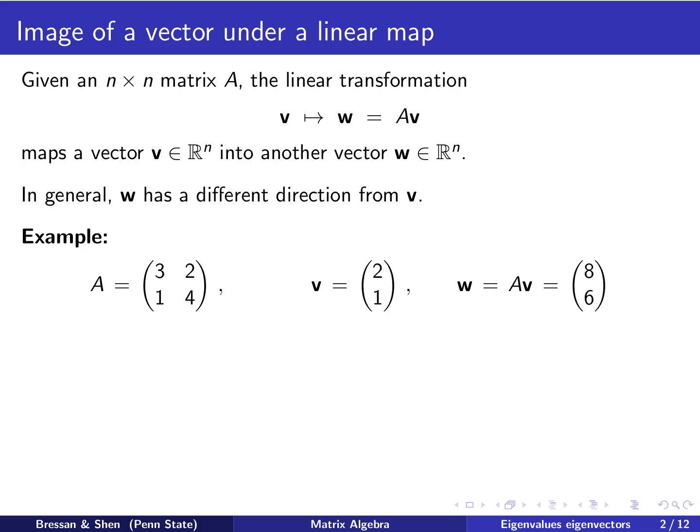You see that V and W are pointing in 2 different directions. Here is a graph of them in the x1, x2 coordinates, because this is in 2D, so we can draw it. V points in this direction, 2, 1, and W is 8, 6, which is the red one. So you see they have different directions.